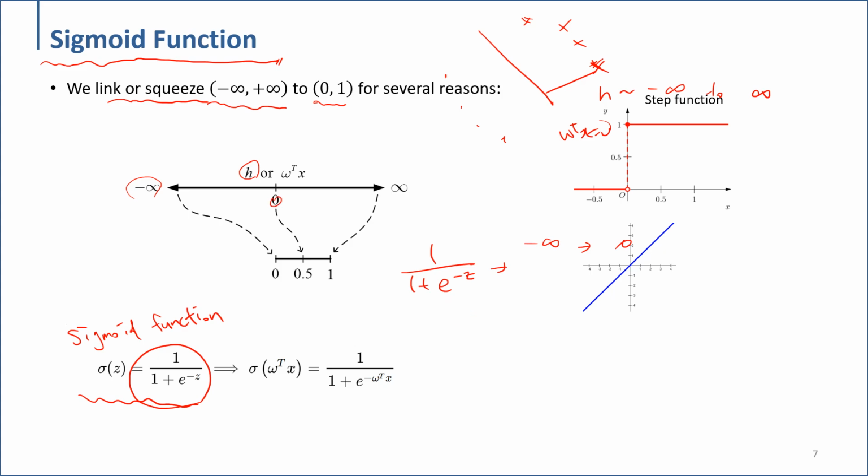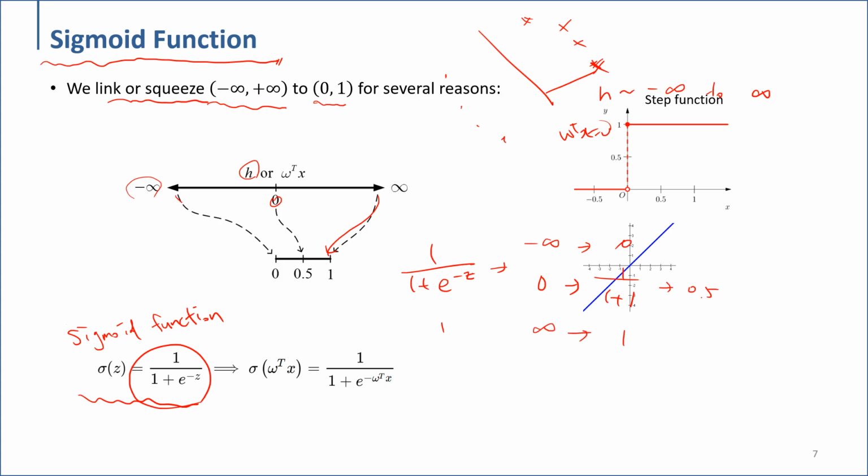When you put in 0, this would be 1 over 1 plus 1, so it would be 0.5. And when you put in infinity here, the exponential goes to 0, so the value would be 1.